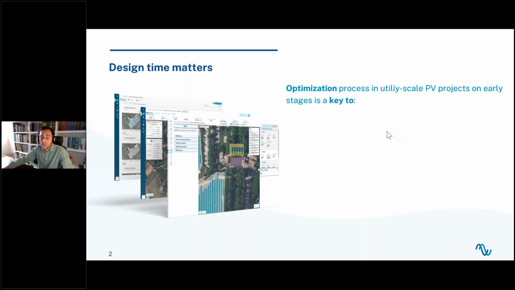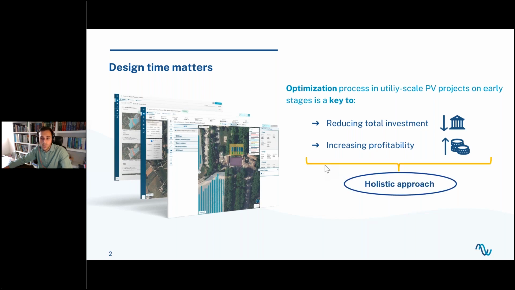It's important to bear in mind that we want to reduce the total investment in our projects as well as increase our profitability, not only in the early stages but during the whole life of our PV plant. That's why RatedPower comes into play and can turn this 4-week process into a matter of minutes with our tool.